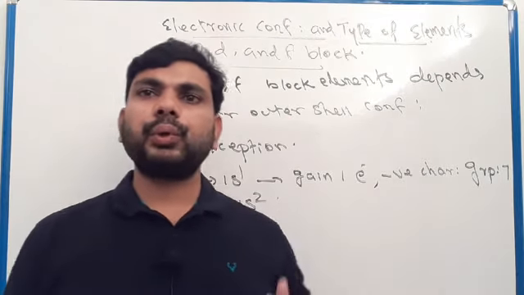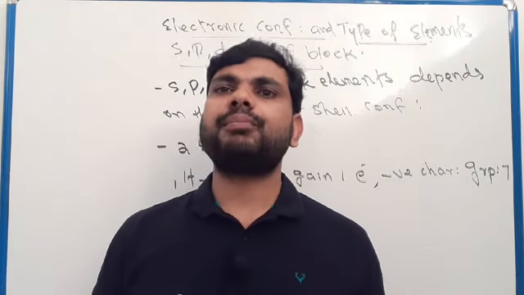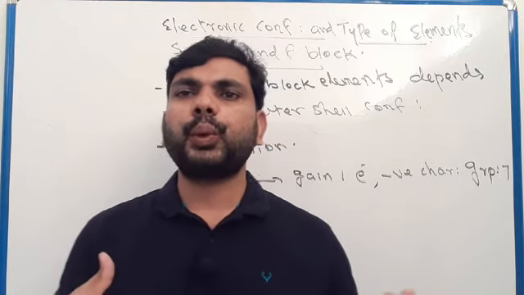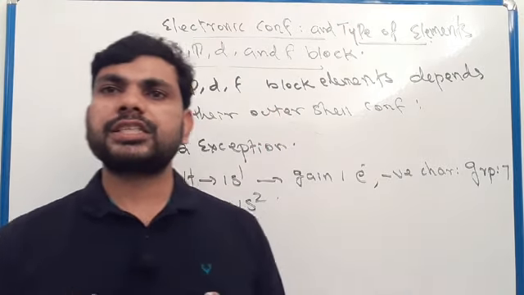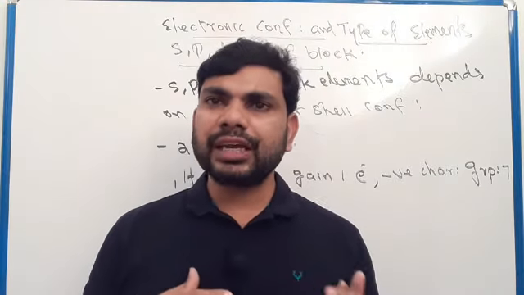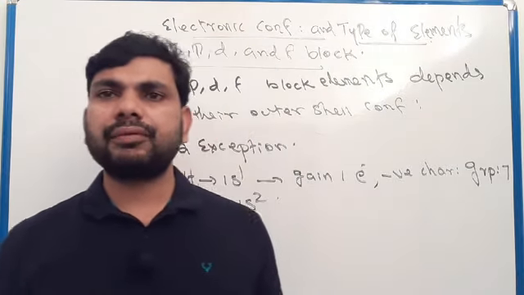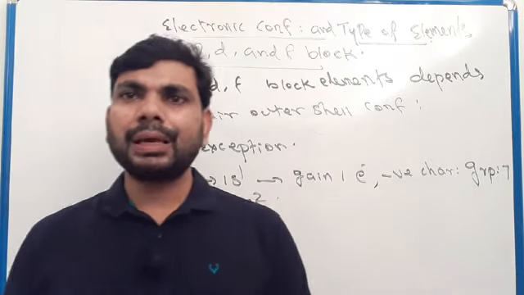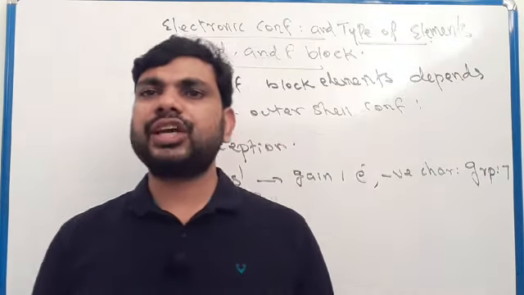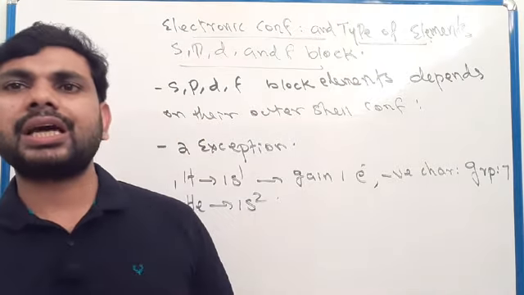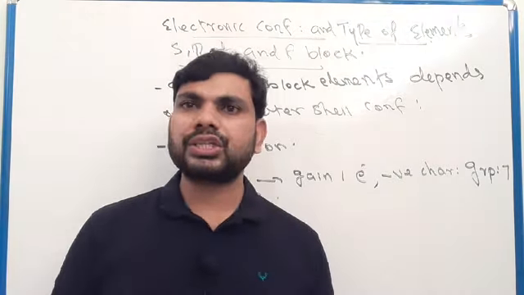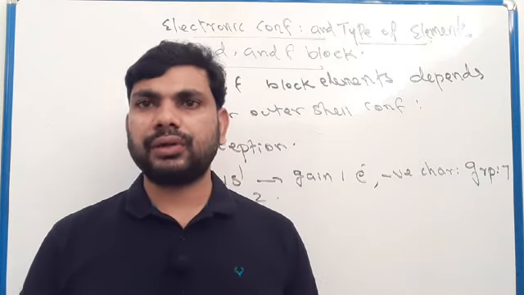Before, I told you about p block elements and f block elements; here we are explaining how the blocks come about. This classification of elements into s, p, d and f blocks depends on the outer shell electronic configuration.